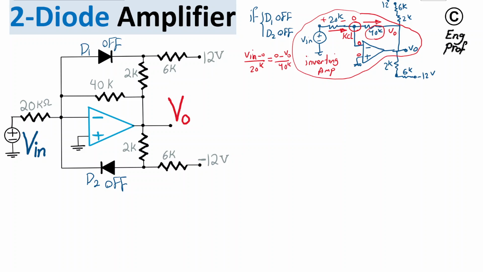And we get to what is obvious for the inverting amplifier, that Vout over Vin, or basically Vout is negative 2 Vin. So when the two diodes are off in this scenario, the relationship between input and output is simply Vout equals negative 2 Vin.